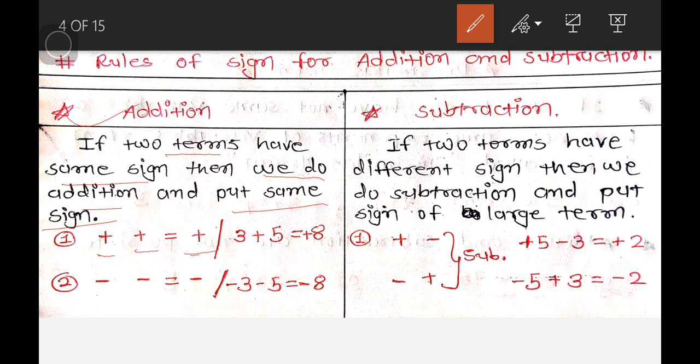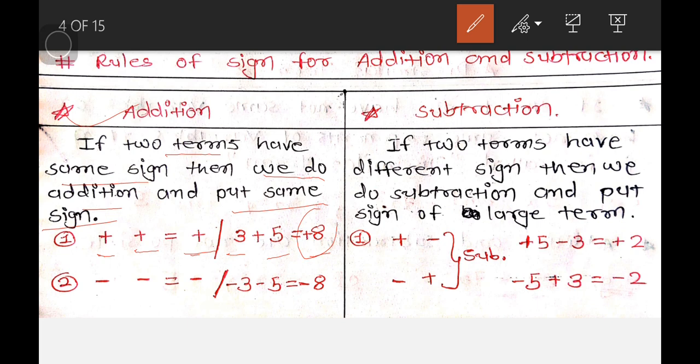For example, plus 3 plus 5, here 3 and 5 have the same sign, positive. Then we do addition: 5 plus 3 is equal to 8. And since both terms have same sign plus, we put plus 8.